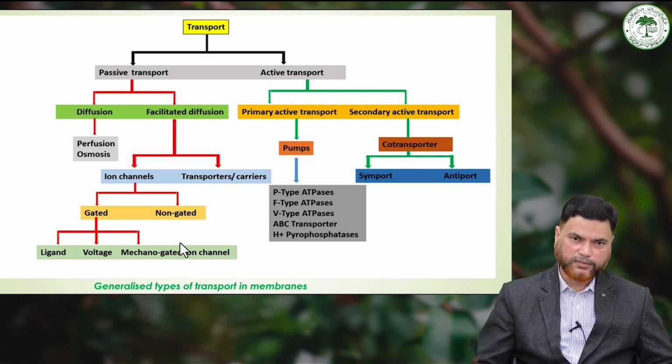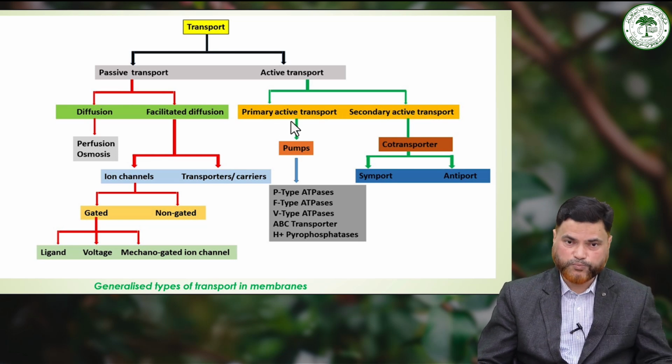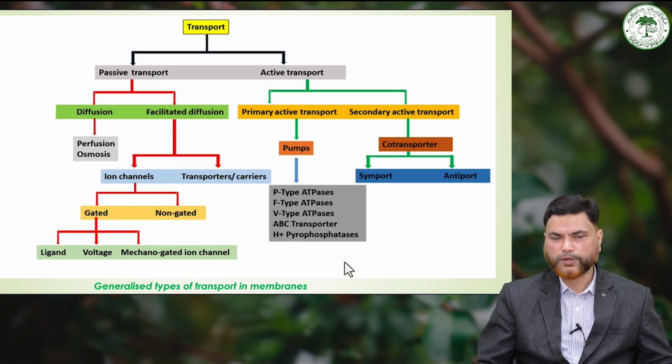Now, if transport is occurring against the concentration gradient, it is known as active transport, and then primary active transport could take place for movement of solute, or secondary active transport. Primary active transport is generally accomplished by various pumps, just to name a few: P-type ATPases, F-type ATPases, V-type ATPases, ABC and proton pyrophosphatase transport pumps.